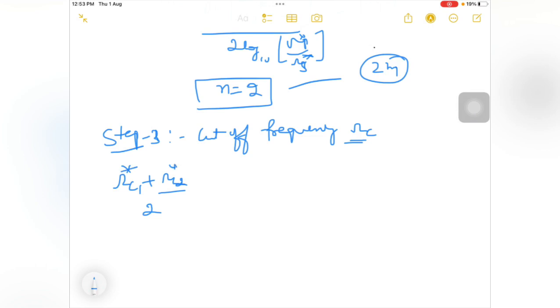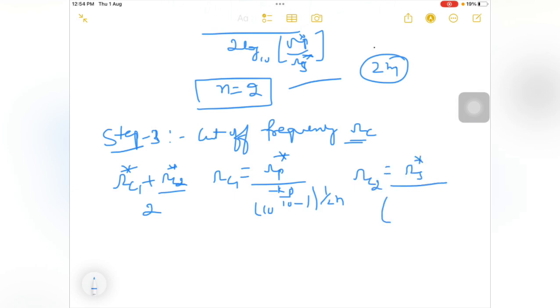Omega c1 is equal to omega p star divided by [10 to the power of minus Kp by 10 minus 1] whole raised to the power of 1 by 2n. Similarly, omega c2 is omega s star divided by [10 to the power of minus Ks by 10 minus 1] whole raised to the power of 1 by 2n.